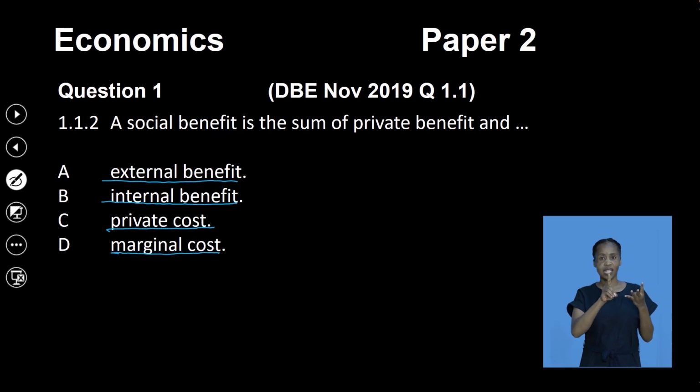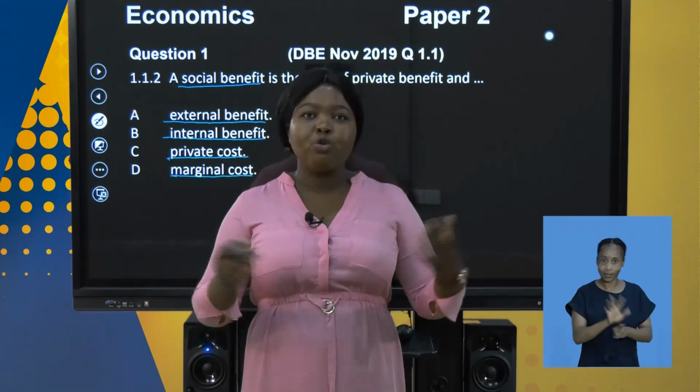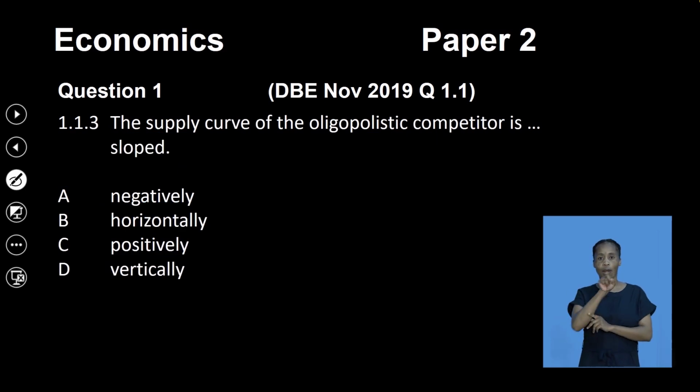When we're speaking of a social benefit, we are looking at something that is beneficial not only to the purchaser of a product, but also to the community as a whole. So our answer is a private benefit and also an external benefit. So our answer is A for that one. Let's go to the next one.